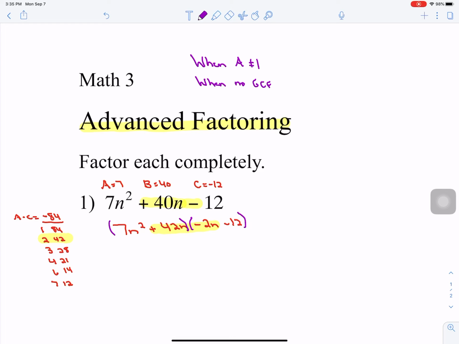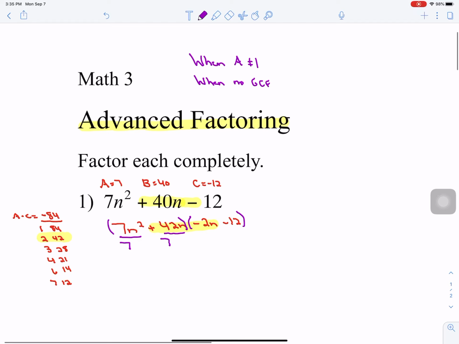Now all I'm going to do is look at 7n squared and 42n. I'm going to ask myself what number divides into both of those. Well, in this case, 7 divides into 7, and 7 also divides into 42. And remember, in the first set, we also have a common variable. N divides into both of those.